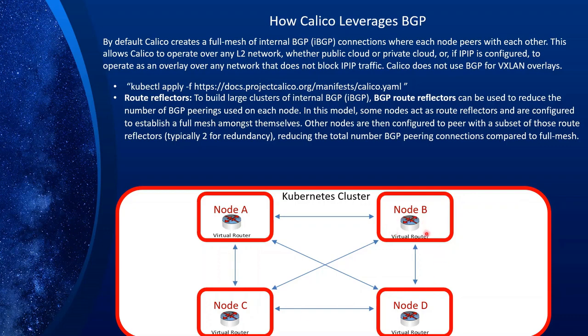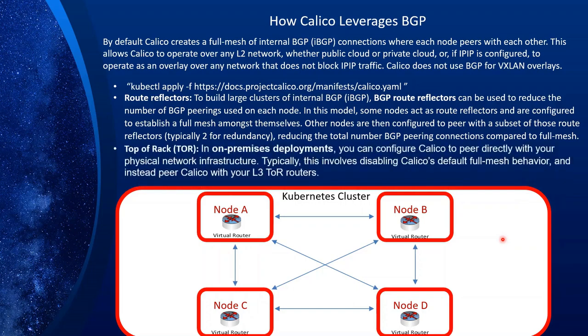Over time, any changes that happen in one node, as far as routes are concerned, are reflected in other nodes. And that really works great in a larger Kubernetes cluster.